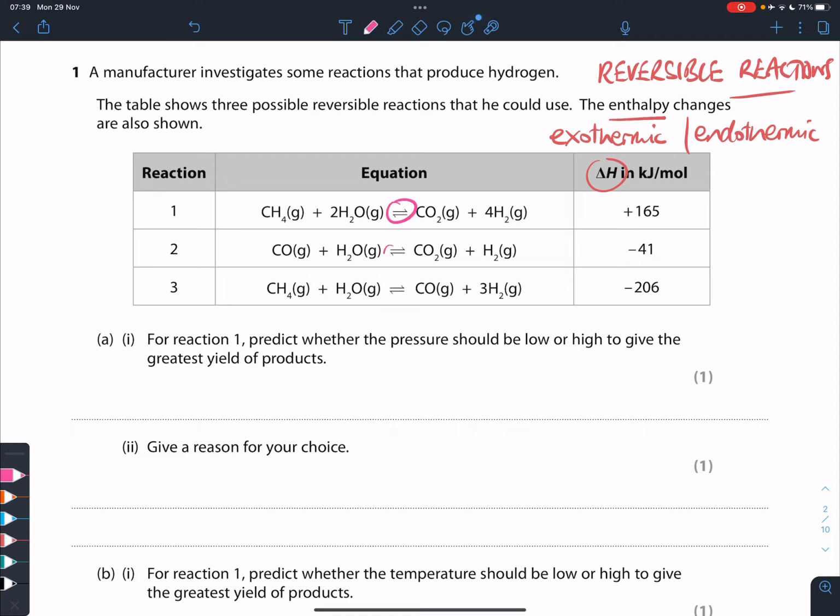This sign in the middle means that the reaction can go both ways. We can have a forward reaction going like this, and we can have a backward reaction going in the opposite direction.